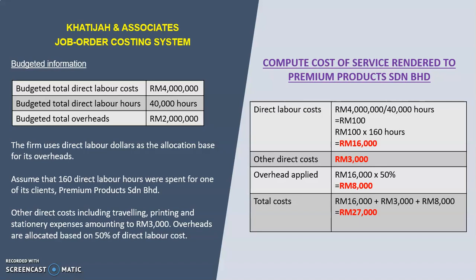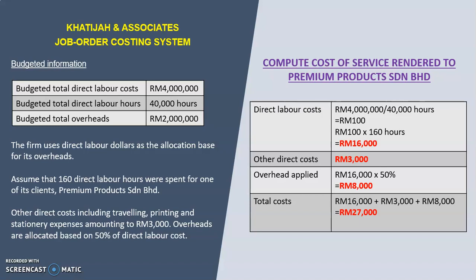You are asked to assume that 160 direct labor hours were spent for one of its clients, Premium Products Sendirian Berhad. Other direct costs include travelling, printing, and stationery expenses amounting to RM 3,000. Overheads are allocated based on 50% of direct labor costs. So how do you compute the cost of the service rendered to Premium Products Sendirian Berhad?